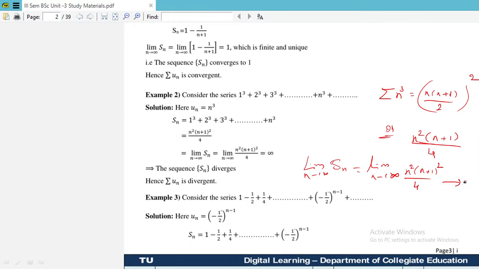This tends to infinity as n tends to infinity. This implies series un is divergent. Sequence of partial sums diverges to infinity. This implies series un is divergent.